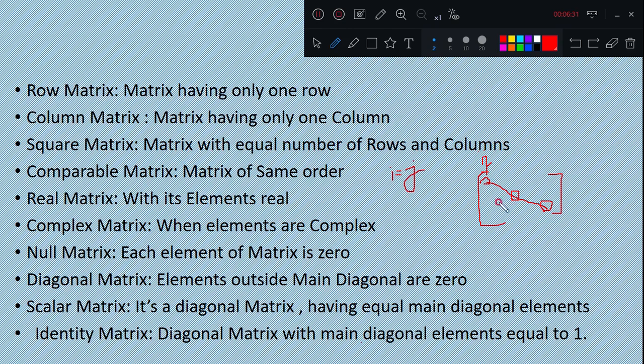When these elements are non-zero and the rest of the elements, where i is not equal to j, are 0, that matrix is termed as a diagonal matrix.